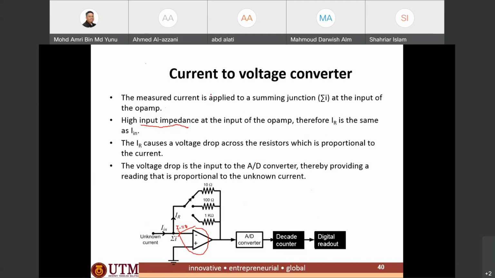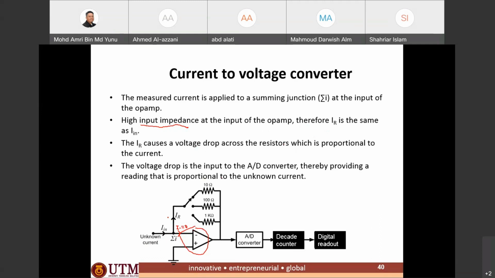Basically, in the converter, the current is applied to a summing junction at the input of the op amp, and the high impedance at the input of the op amp allows the output current to equal the input current, because the current at the non-inverting input is virtually 0 ampere, because of the high impedance.